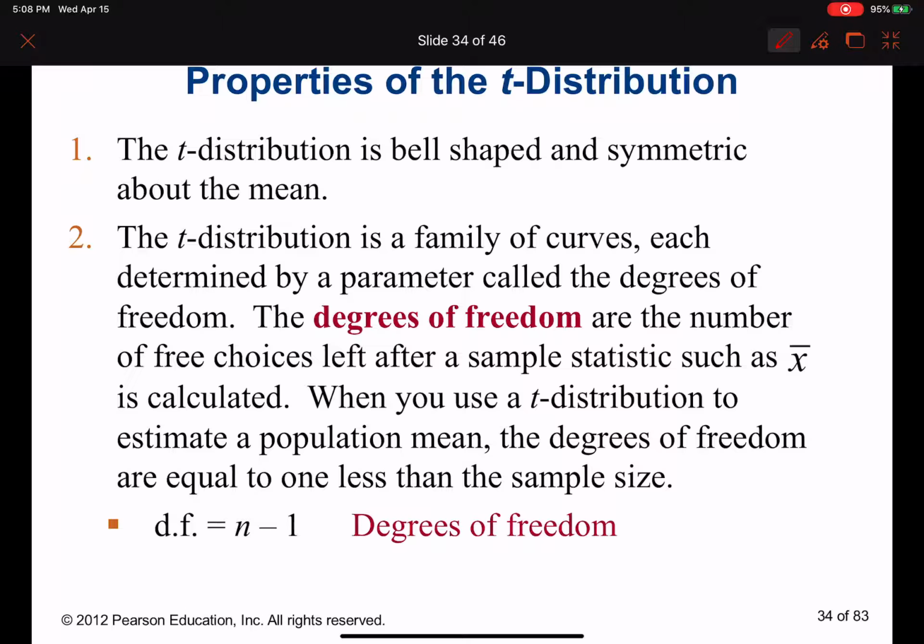So what do we need for the t-score table? We need degrees of freedom. Degrees of freedom we always find as sample size less 1. That's the formula for the degrees of freedom, because degrees of freedom always has to be less than the sample size.